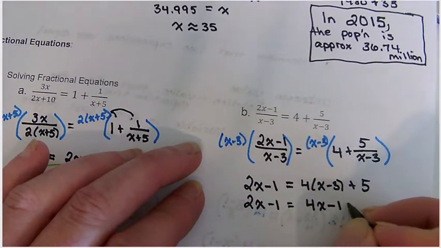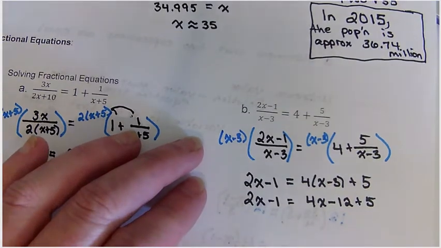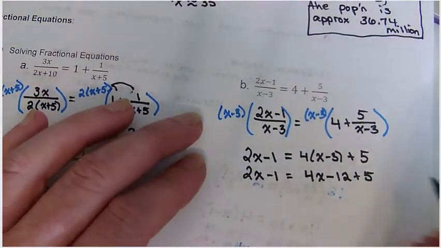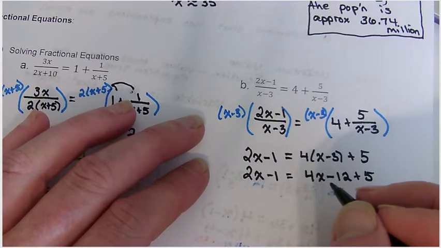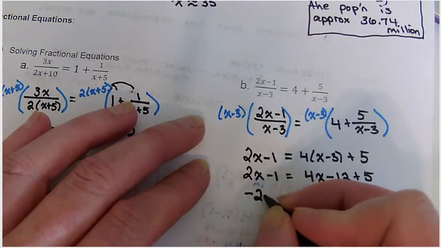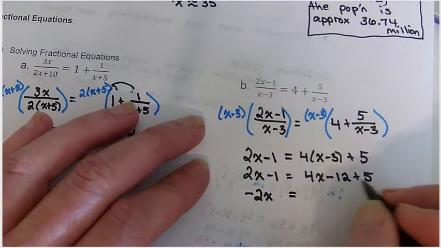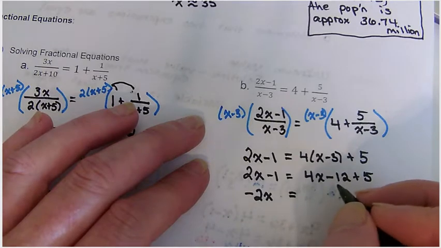I'm going to distribute the 4. And then, let's see, I'm going to subtract the 4x and get negative 2x over here. That's going to be a negative 11, but then I need to add 1.